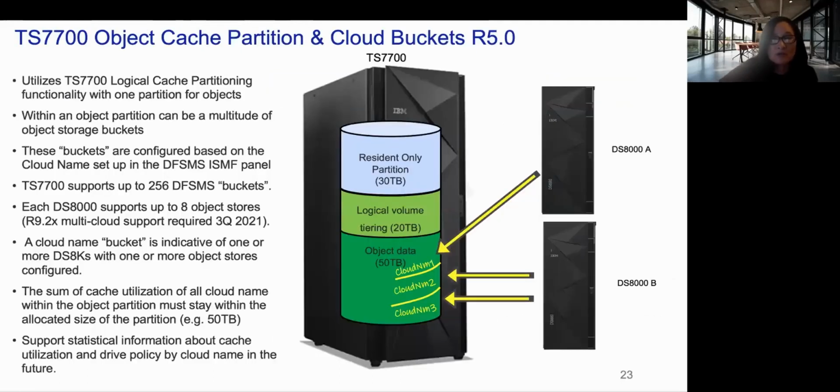One of the things we also introduced was this concept, and I mentioned it already, with the cache partitioning. So in the 7700, if you had a disk-only system, there was really only one cache partition, and we called it the resident-only partition because it just stayed in cache. If you were a disk-only customer, you probably didn't even know or care about partitions because it was hidden in the background.